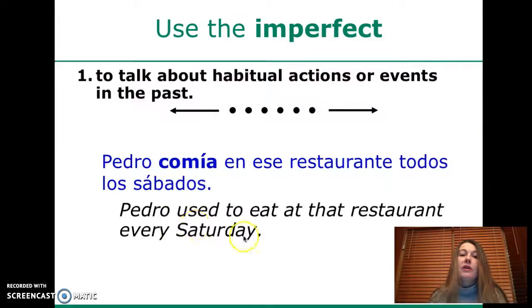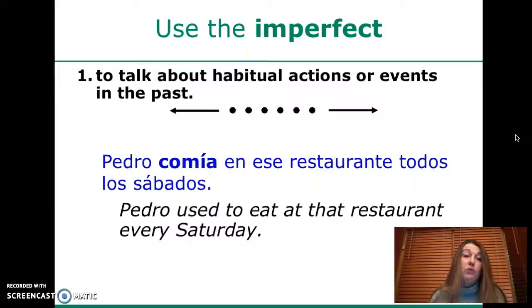So this is very common, and we talked about that in the imperfect video. This is a very common expression that we will use often in the imperfect, the used to, right? He used to eat, right? Things like I used to go to my grandmother's house every Sunday, or, you know, I used to spend every summer at my grandma's house, something like that. Those would definitely be the imperfect.